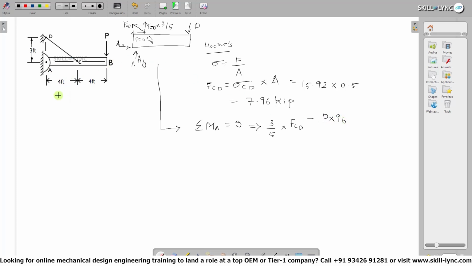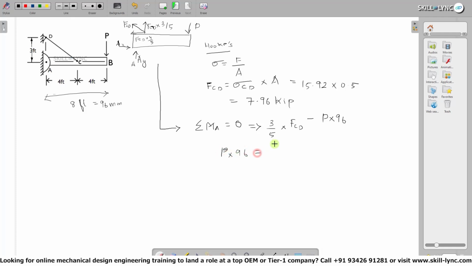Here 96 is the length of the beam, which is 8 feet, which is equal to 96 inches.